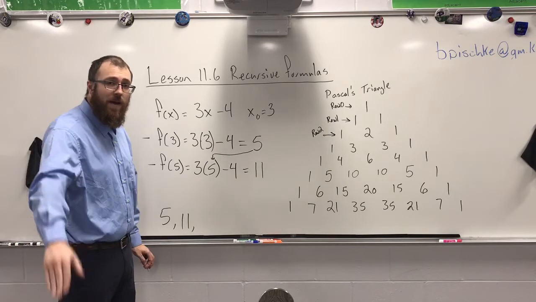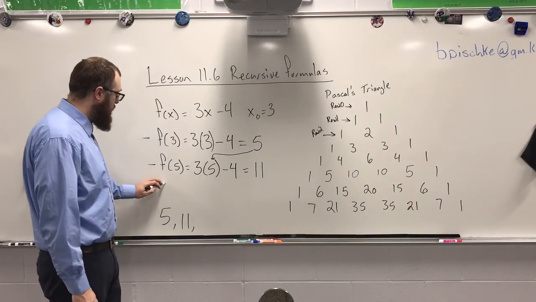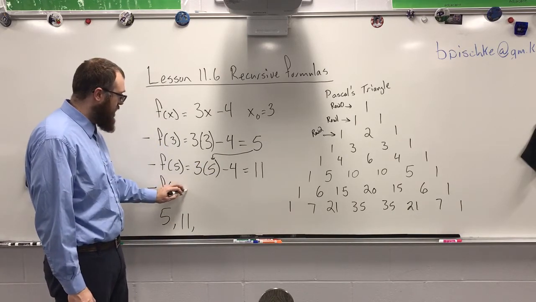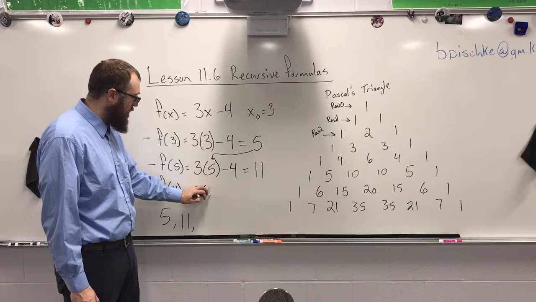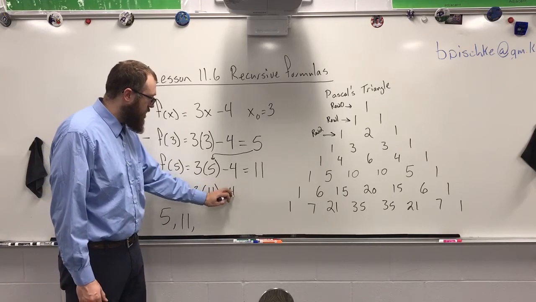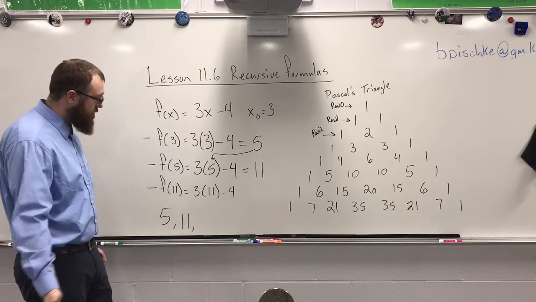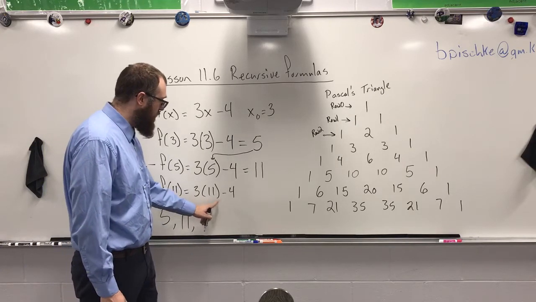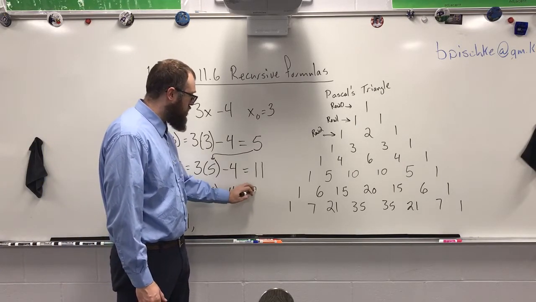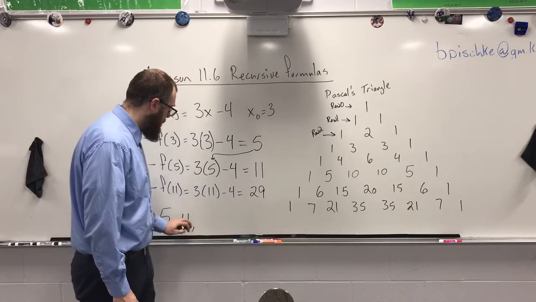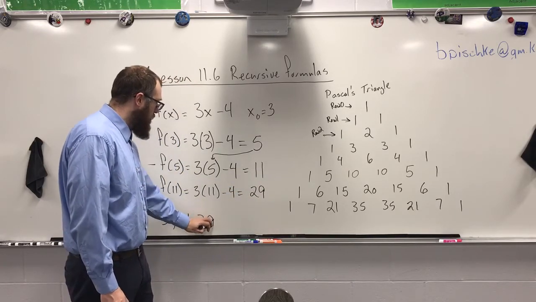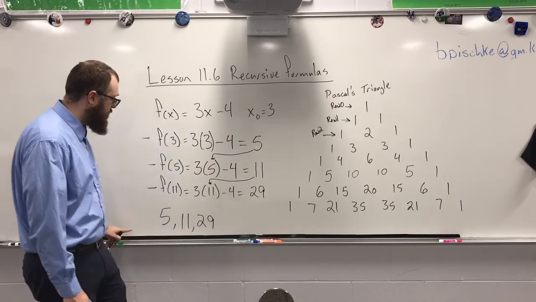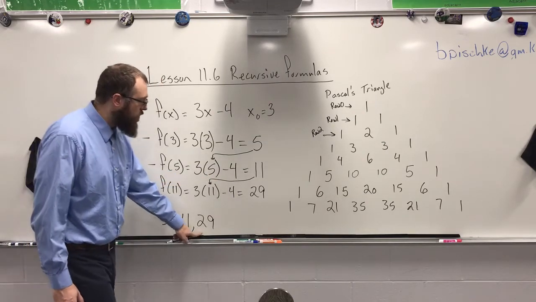Now to get my third answer, I'm going to take that 11 that I just got as my second answer, and put it in the same formula to find its solution. 3 times 11 is 33, minus 4 is 29. Now I have found my three solutions: 5, 11, 29.